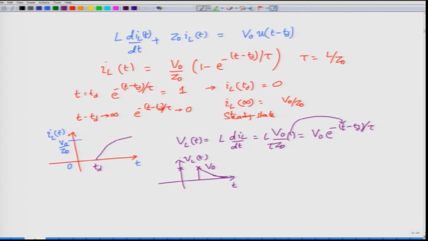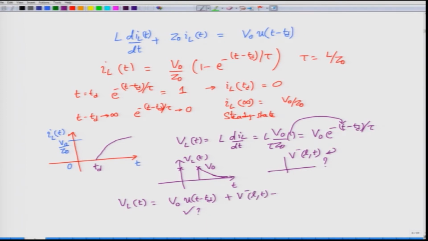So this is the load voltage, but what is my reflected voltage? If I ask you what is V minus, with the minus as a superscript, V minus of L comma t, that is the reflected voltage at the load, what would it be? It's very easy to find out. Remember, VL of t is the load voltage, which is given by V0 u(t minus Td). Do you remember where this comes from? It is V plus plus V minus of L comma t.